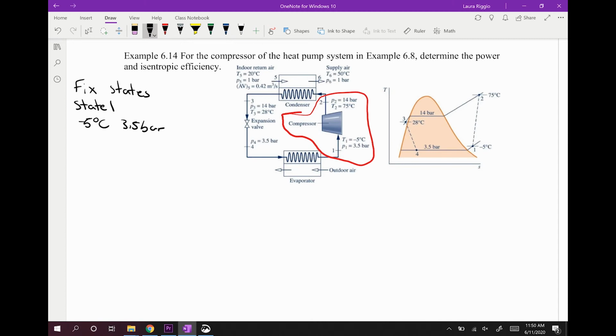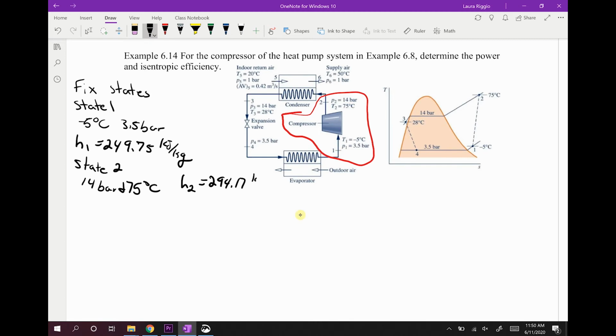We're going to get H1 is equal to 249.75. And then for state 2, we have 14 bar and 75 degrees Celsius, and we're going to get H2 is 294.17.